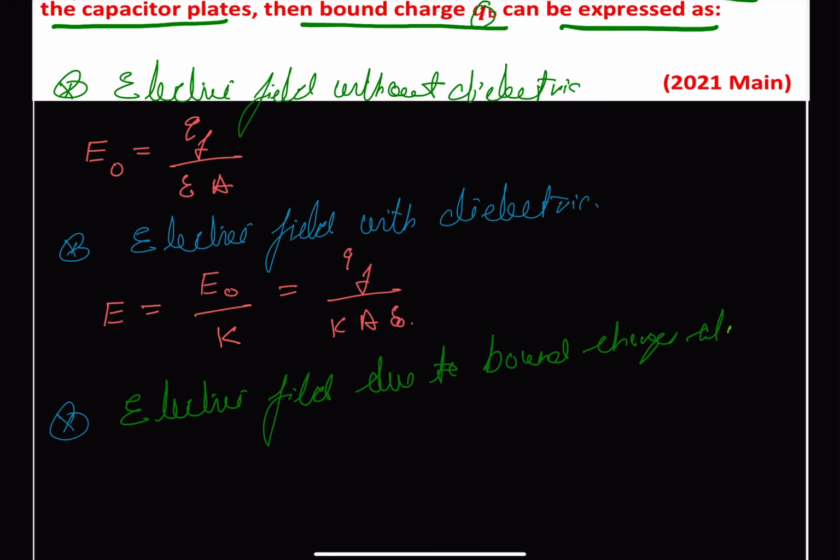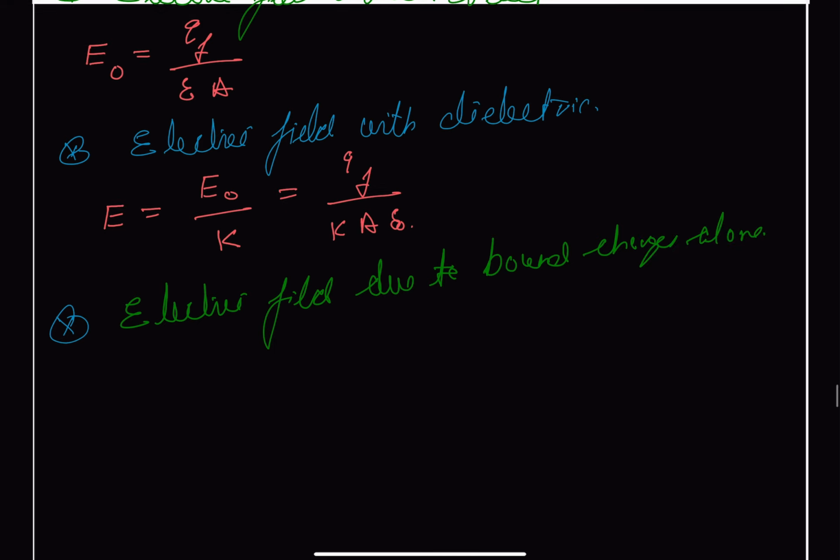And we know that the bound charges create an electric field which is opposed to the original electric field. If the bound charge electric field is given as our EB, then this EB will be equal to our E naught, that is without dielectric, minus the electric field with dielectric, because they are both in opposite direction.